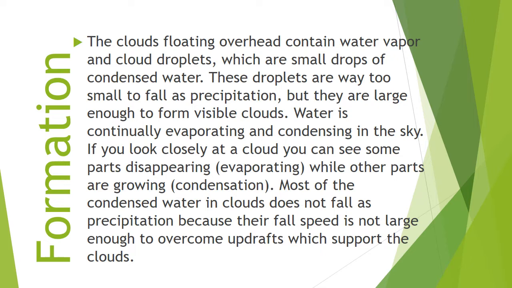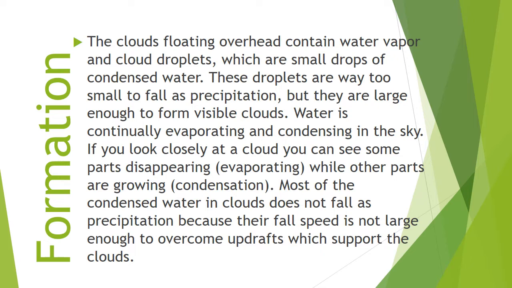If you look closely at a cloud, you can see some parts disappearing, or evaporating, while other parts are growing, or condensing. Most of the condensed water in the clouds does not fall as precipitation because its fall speed is not large enough to overcome the updraft which supports the cloud.